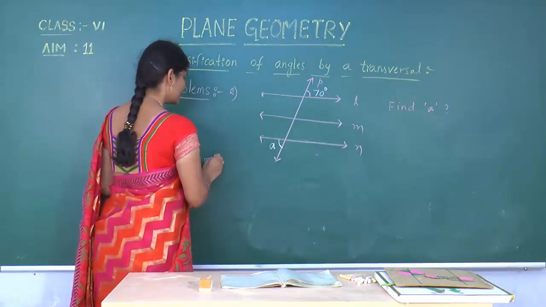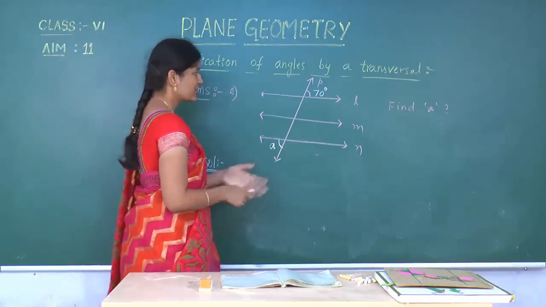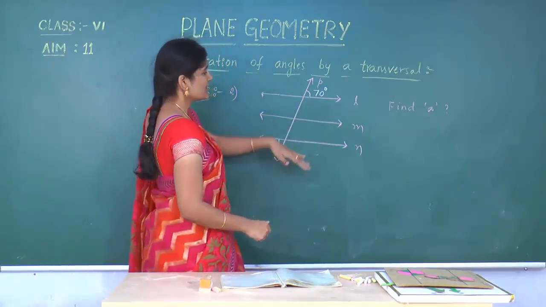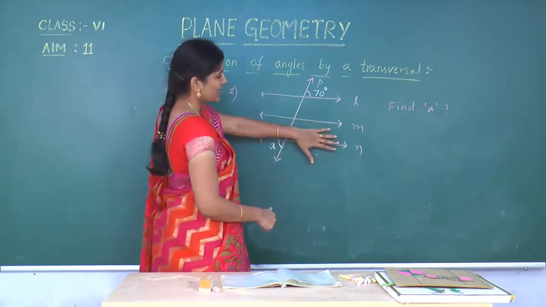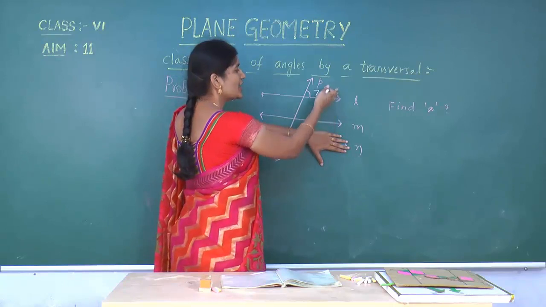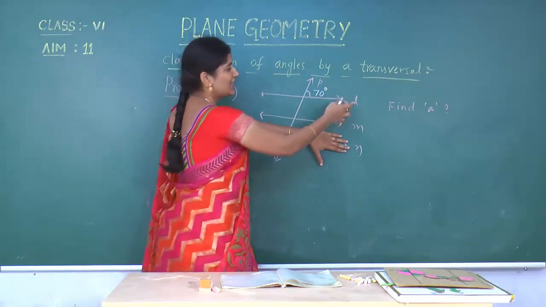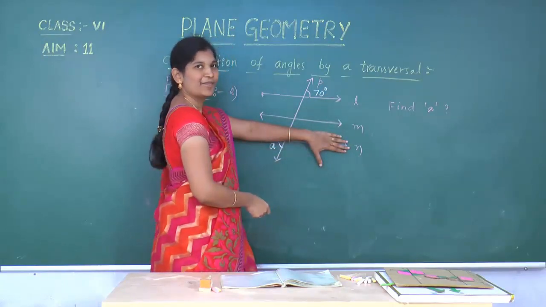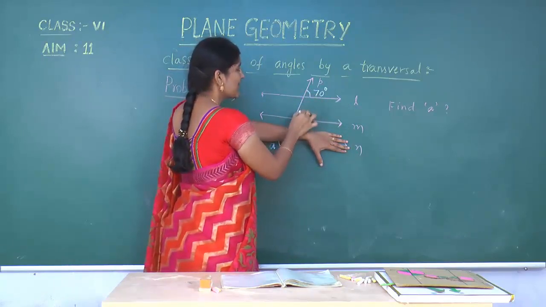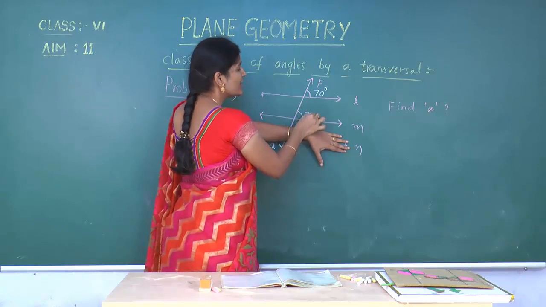See here, observe the figure clearly. Suppose this line N is not there. Imagine there are only 2 parallel lines which are L and M. And now here 70 degrees, and here also 70 degrees. Why?